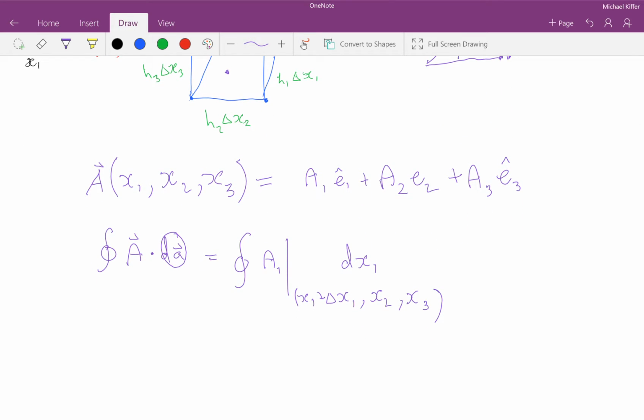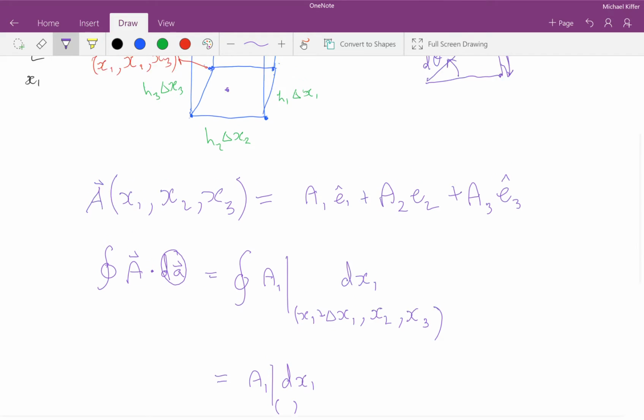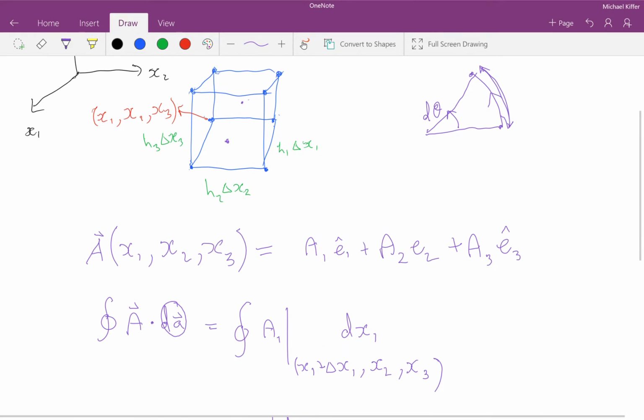And then we're going to integrate across that face. Now, because this face is such a tiny area, we're going to assume that the vector component A1 remains constant, and so we have A1 evaluated where we said it was evaluated before, multiplied by dx1, multiplied by the area of the face. Now the area of the face, we need to take into account these scale factors.